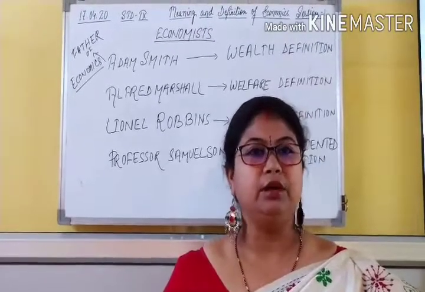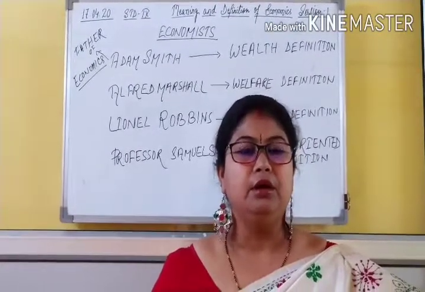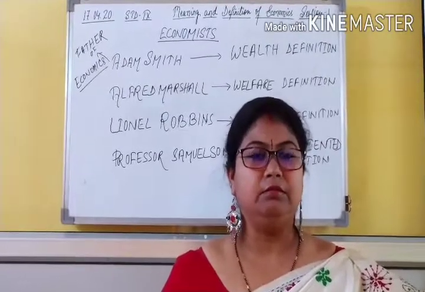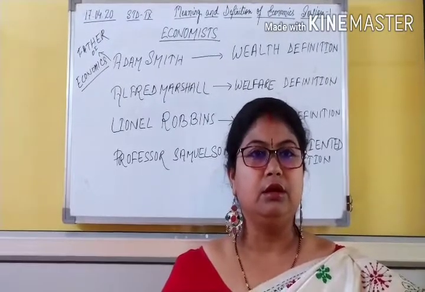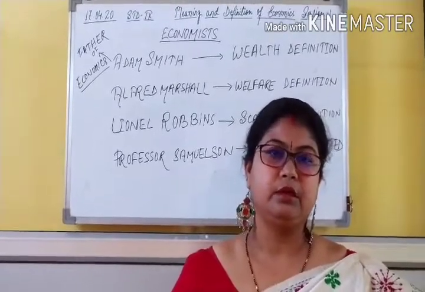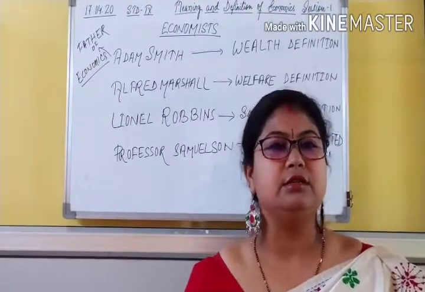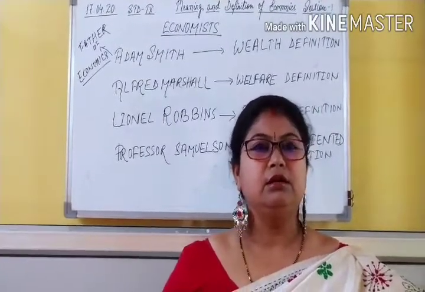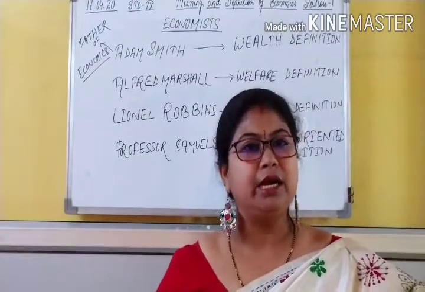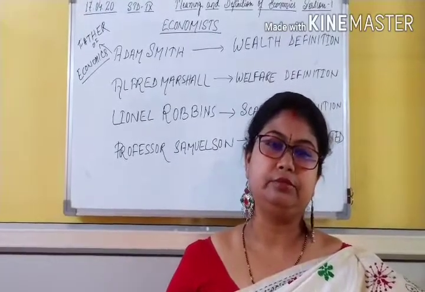For example, so that it becomes more clear in your mind, steel. Steel is manufactured out of iron and it is put to many uses: steel rods, utensils, cutleries. So, it is available in limited quantity, but it can be put to a number of alternative uses.